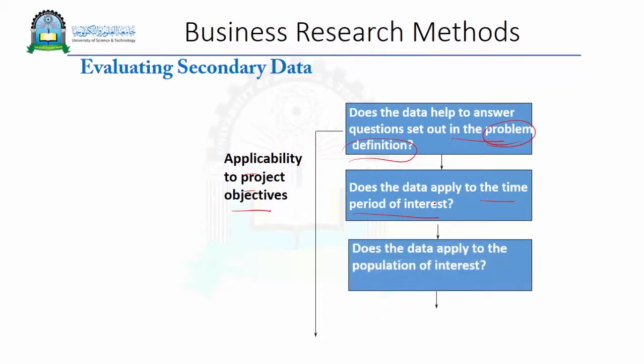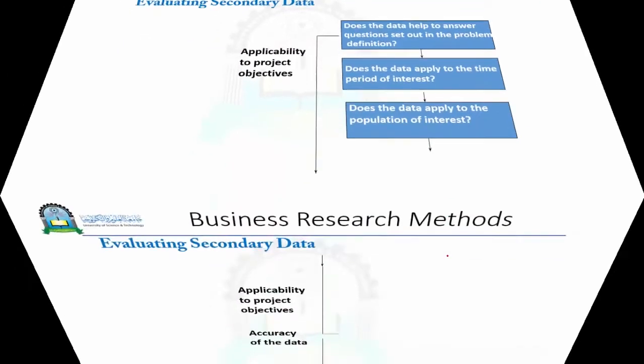Does the data apply to the population of interest or not? This is also very, very important. Whether the data is applicable to the population of my research as a researcher is very important. If not, that means I cannot use it. It's not applicable.